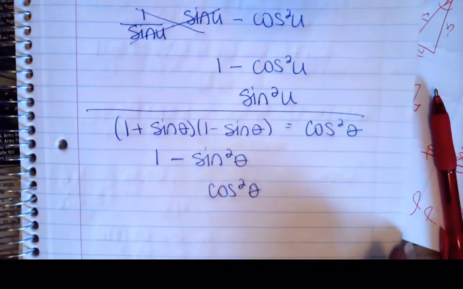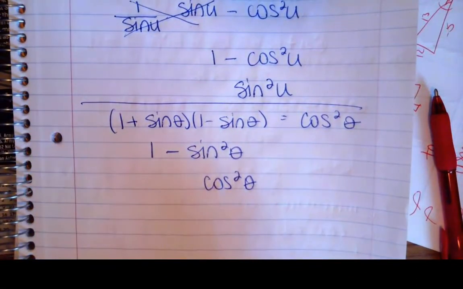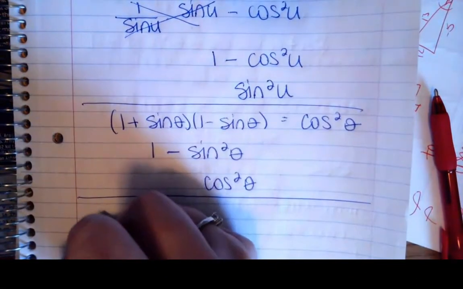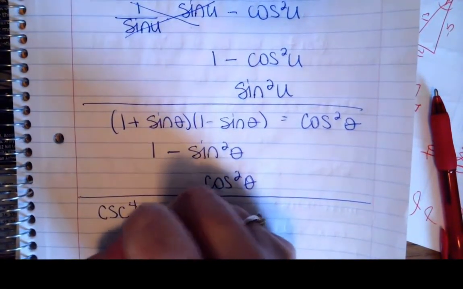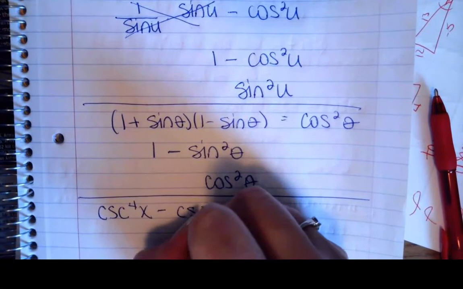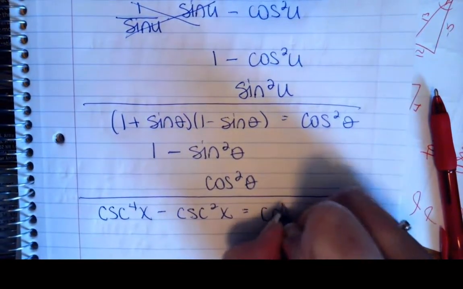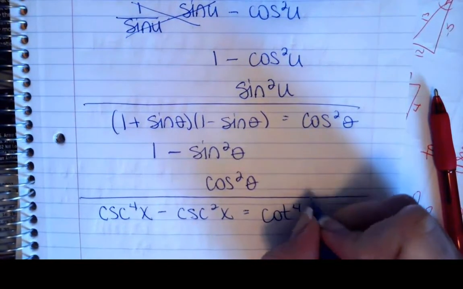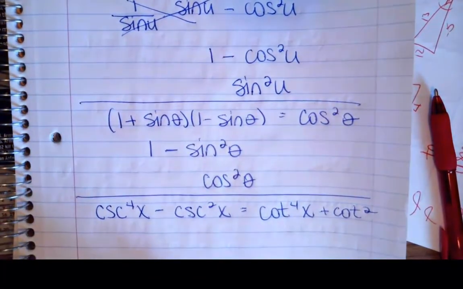Okay, so let's try another one. If I've got cosecant to the 4th of x minus cosecant squared of x, and I want it to equal cotangent to the 4th plus cotangent squared.